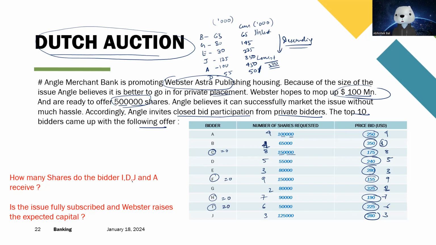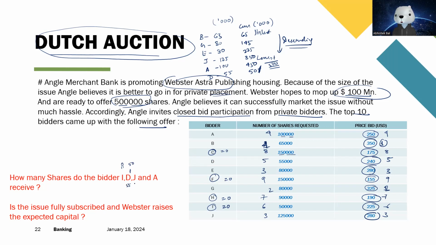So from here, we can see how many shares do the bidder I, D, J, and A receive. So we can answer this question. I receives 0. D receives 50 only, 50,000. Though it has quoted for 55,000, it receives 50,000 only.